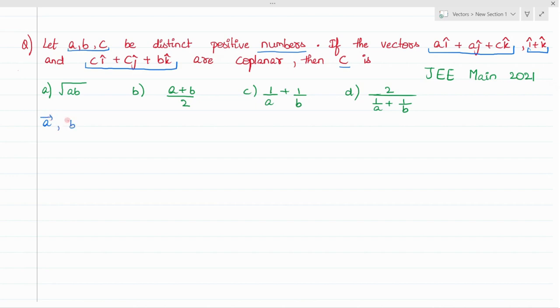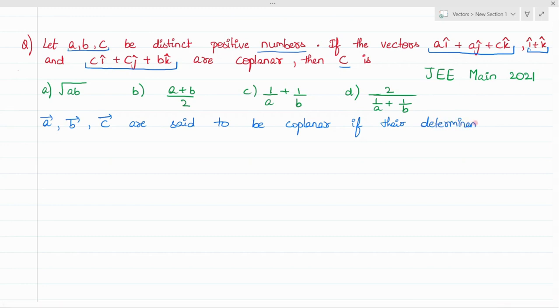Vectors are said to be coplanar if their determinant is 0.